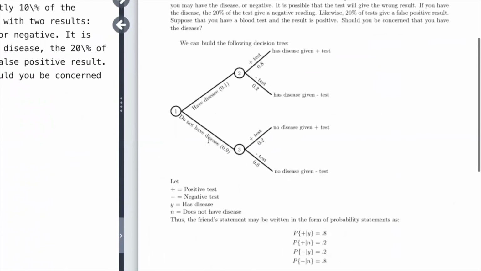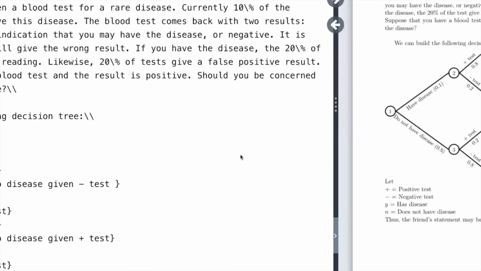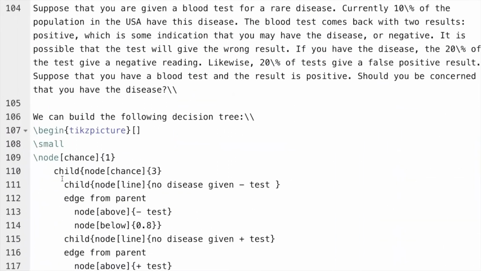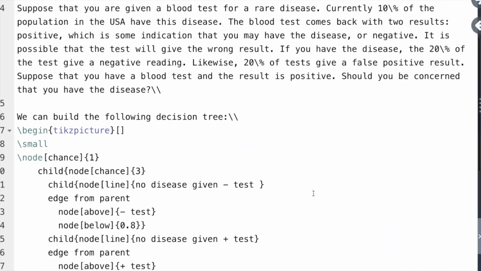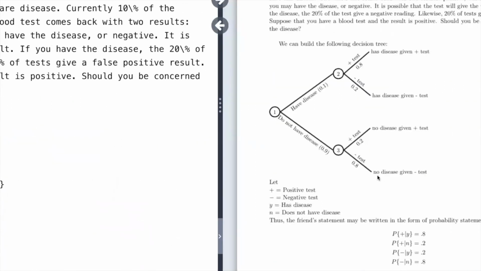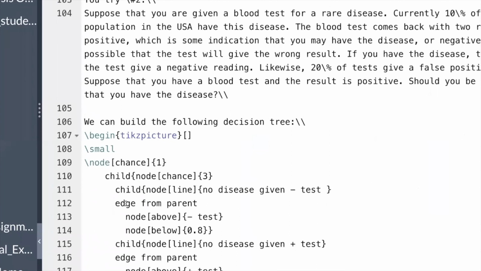So right here, 3 is the child or node that is on the bottom, and it always comes first when you list them. And again, when you list the child of the child, or the grandchild, which is no disease given a negative test, the first one always comes on the bottom. So this would be the code.